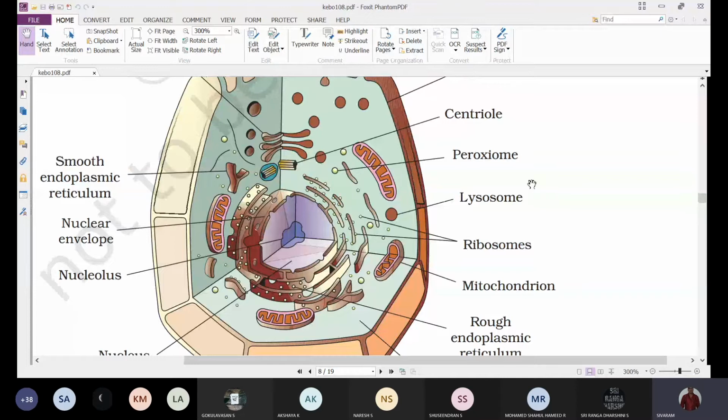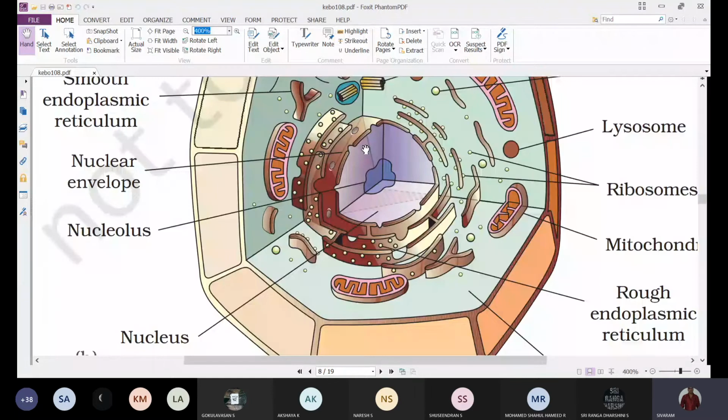Here the nucleus is having two membranes. This is the outer membrane and this is the inner membrane. And a small space of 10 to 50 nanometers, and that is called perinuclear space. These two membranes and this perinuclear space will act as a barrier between the nucleoplasm and cytoplasm.